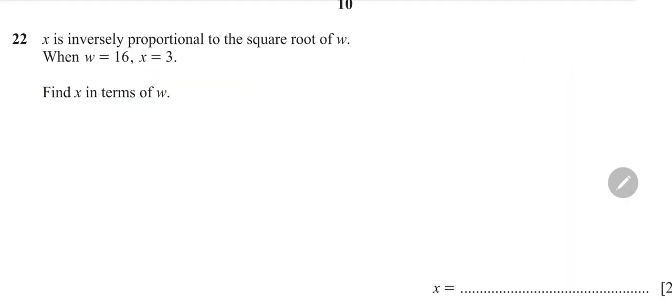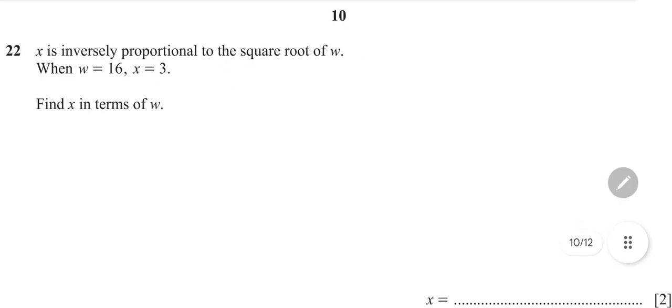So given x is inversely proportional to square root of w, means we can write down square root of w. When w is equal to 16, x is 3.